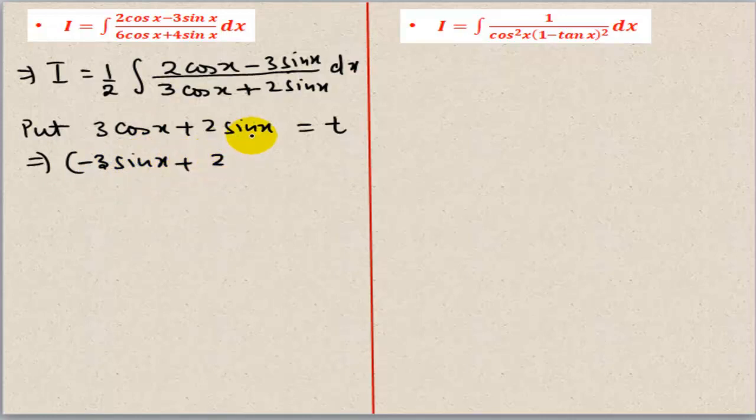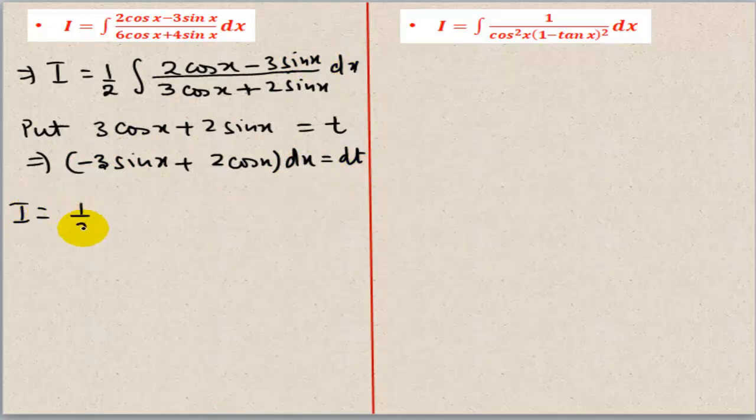That of sin x will be cos x. So because it is 2 sin x, the derivative is 2 cos x. And that of x will be dx, which we have taken common. And derivative of t, dt. So just compare it with the numerator. You will see this is our numerator. So the entire numerator along with dx can be replaced by dt.